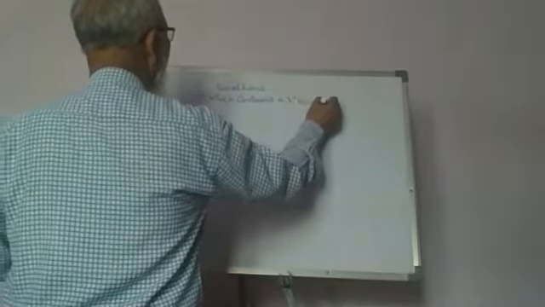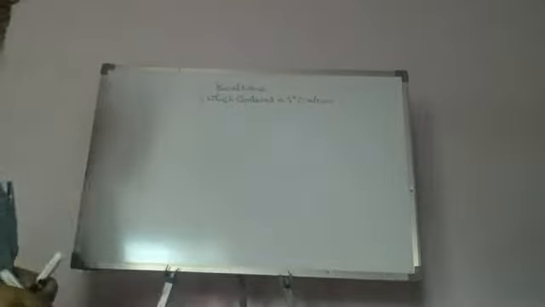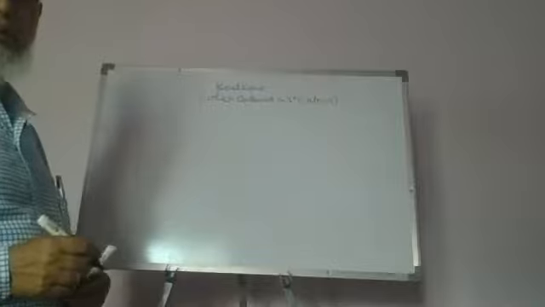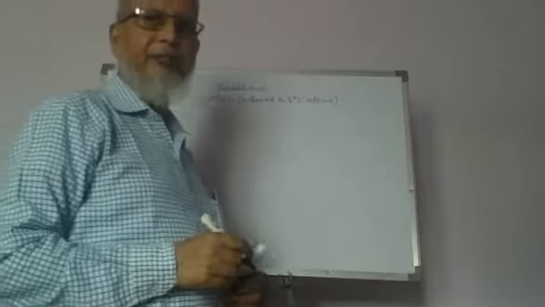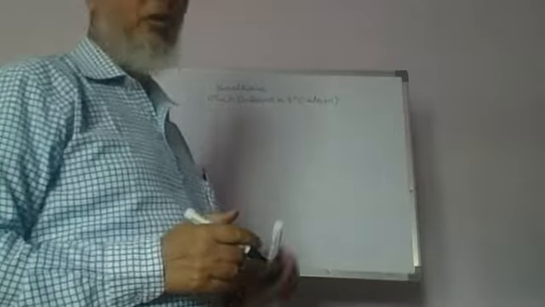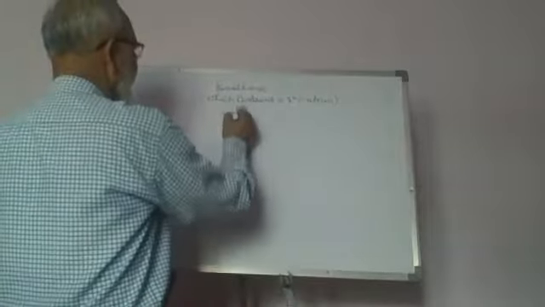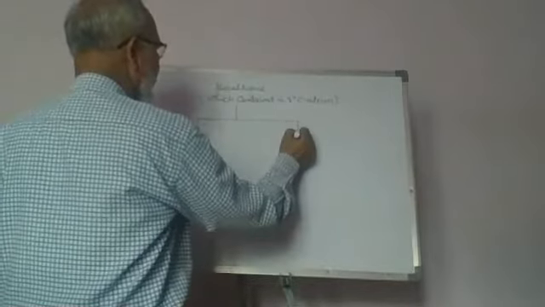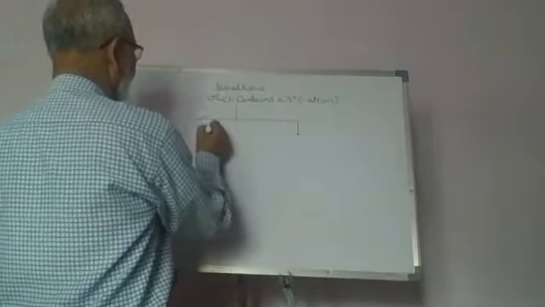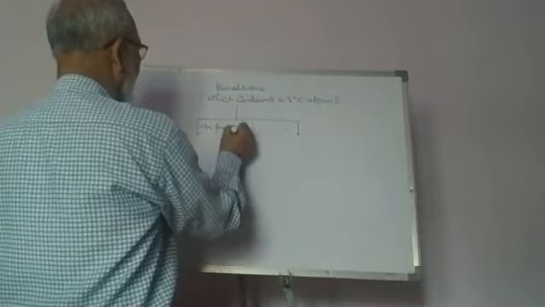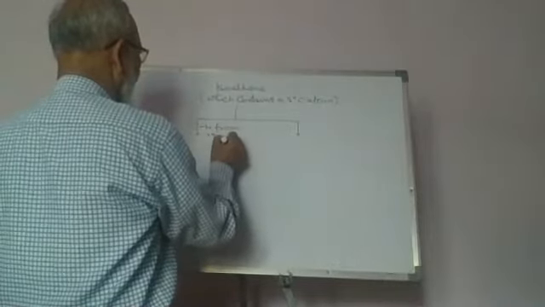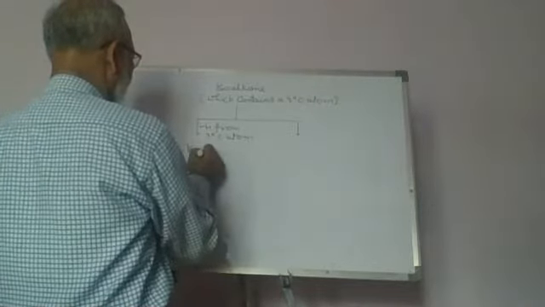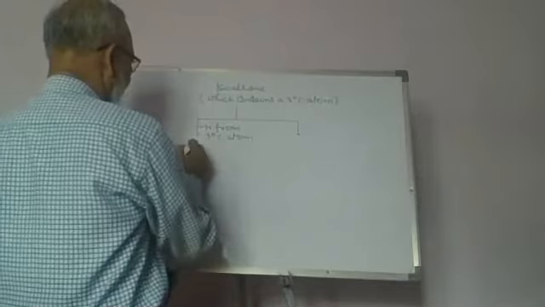If we remove a hydrogen atom, or subtract hydrogen from the tertiary carbon atom, then the alkyl group obtained will be your tertiary alkyl group. Minus hydrogen from tertiary carbon, this will be your tertiary alkyl.